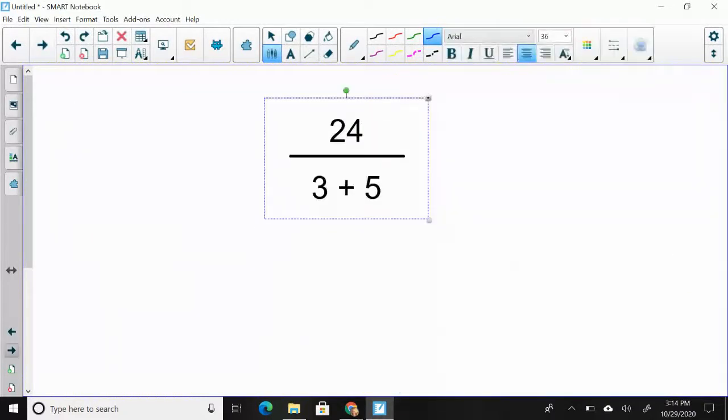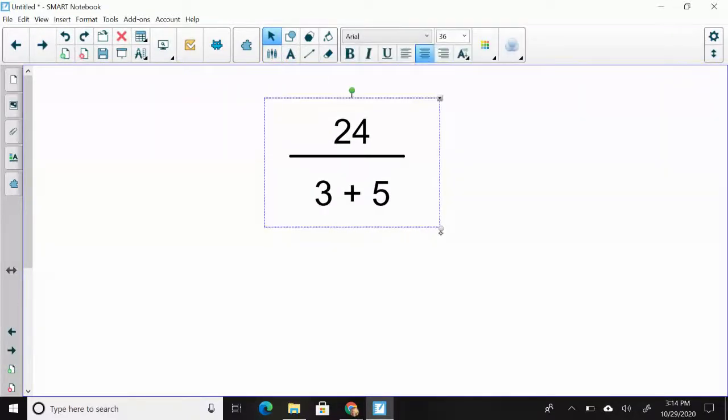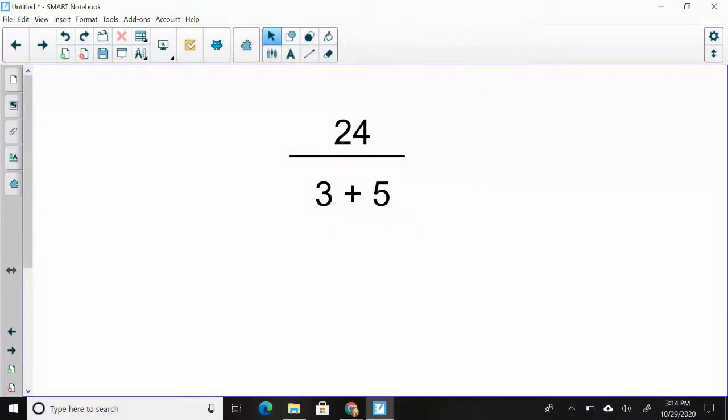All right, now this last one is a little bit different looking. Okay, so we have something that looks kind of like a fraction here. And yes, this line right here is like a division bar. But when we are talking about the order of operations, and you have something in the denominator, if you will, you are going to do this first.